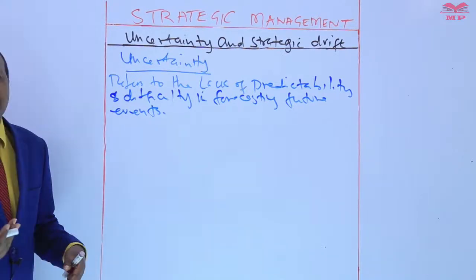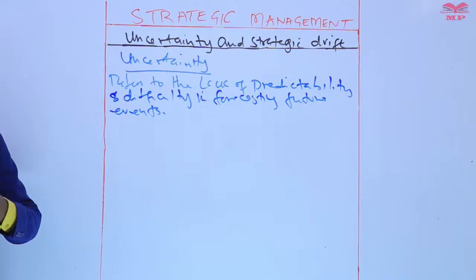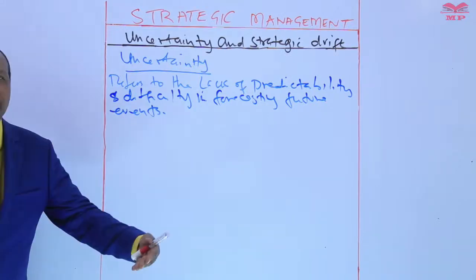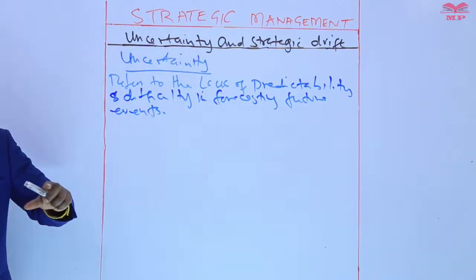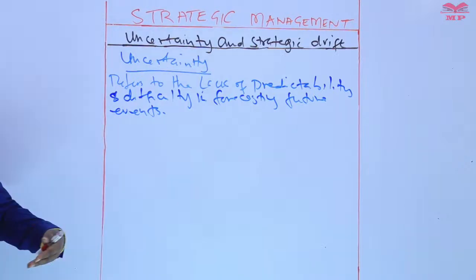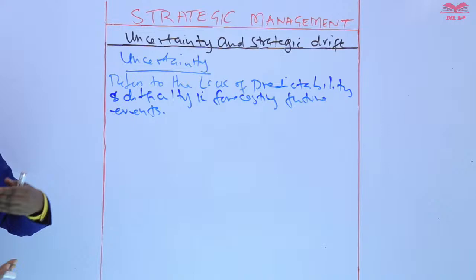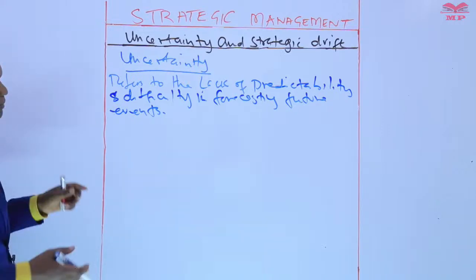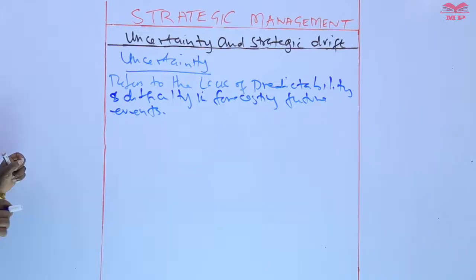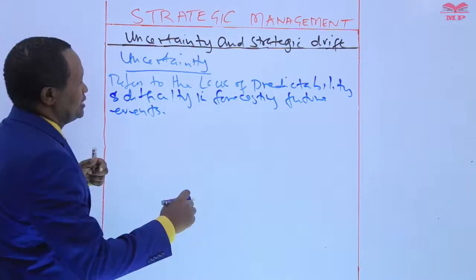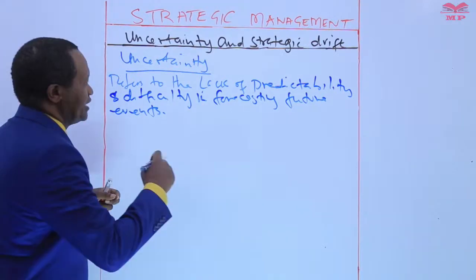And by that I mean complex systems with multiple interconnected variables, which can be inherently unpredictable, leading to uncertainties in decision making. So that's the meaning of uncertainty. The unpredictability and the difficulty in forecasting future events.